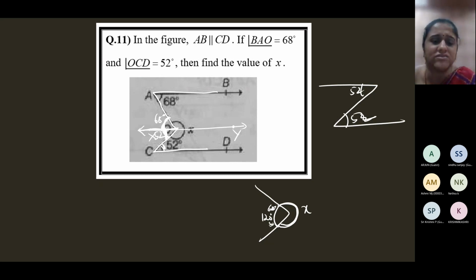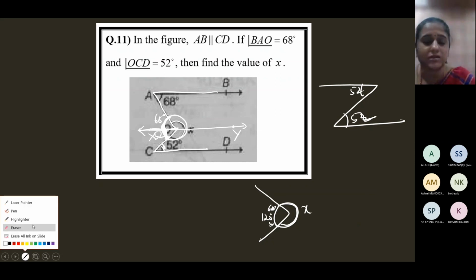Or you can write it as 68 plus 52 plus X is equal to 360, and you can find the value of X. Got it, children? Yes, ma'am. All right, I'll work this and share the picture with you on WhatsApp, children.